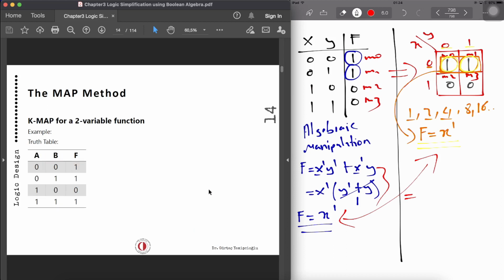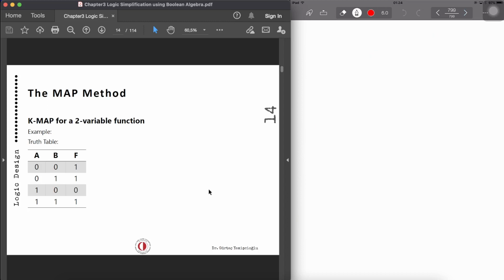Here is another example, slightly changing the output f. So we have A, B, F: 0, 0, 0, 1, 1, 0, 1, 1, and F is 1, 1, 0, 1. Right. We can write the algebraic manipulation, but let's do the map method.